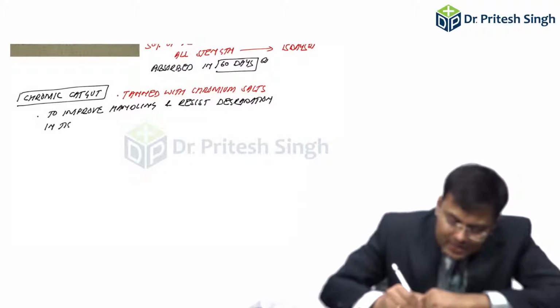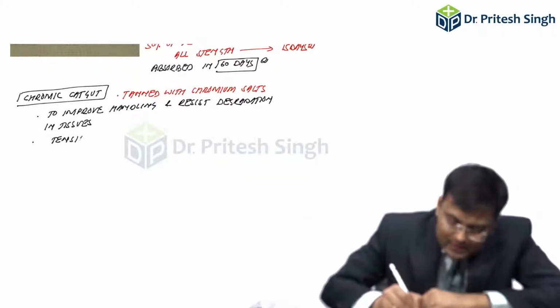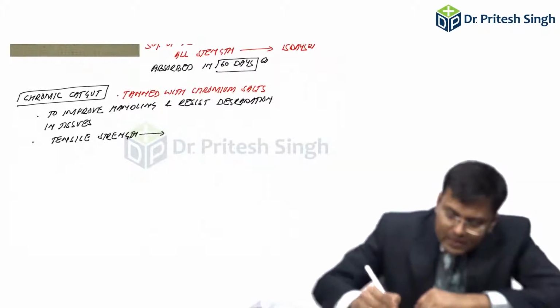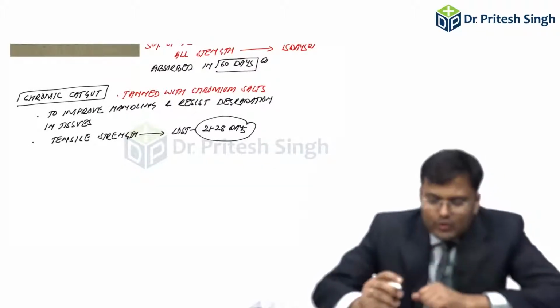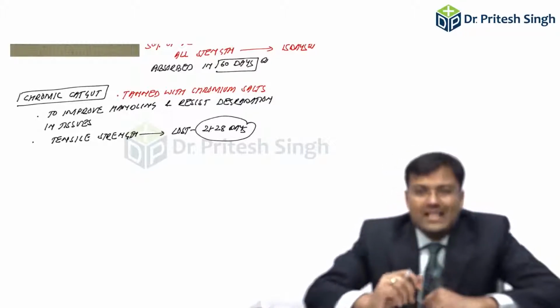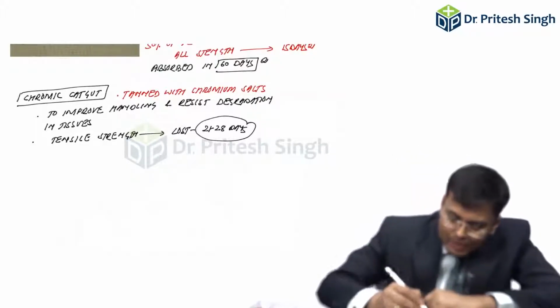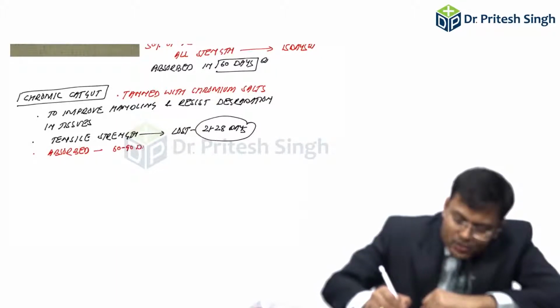Resist degradation in tissues. Here, tensile strength is lost in 21 to 28 days, but it is absorbed in 60 to 90 days.